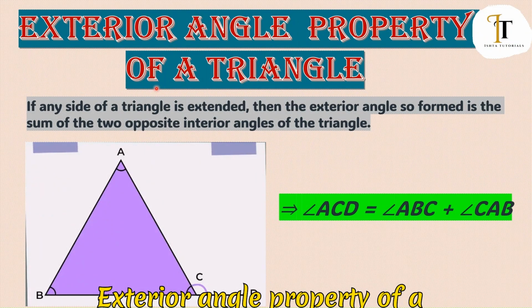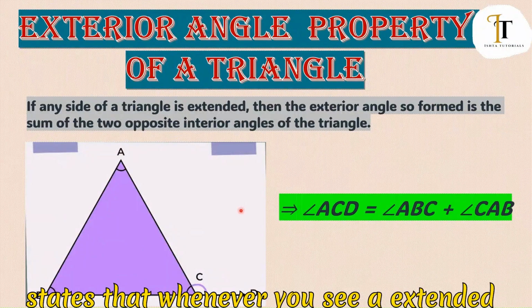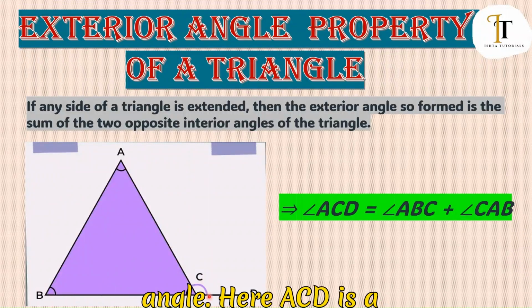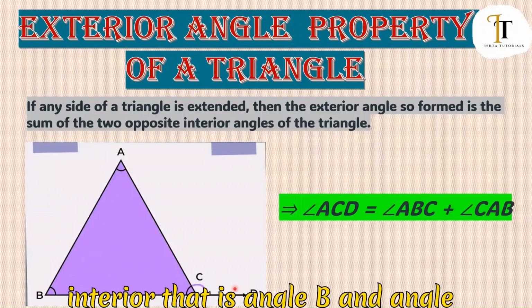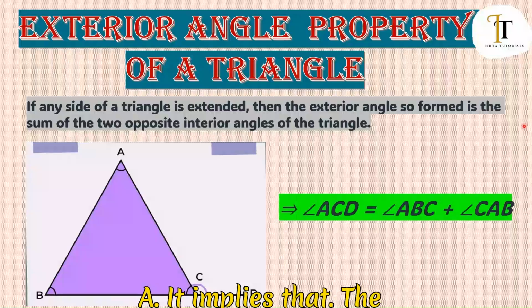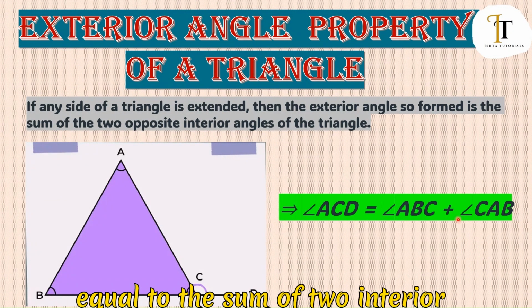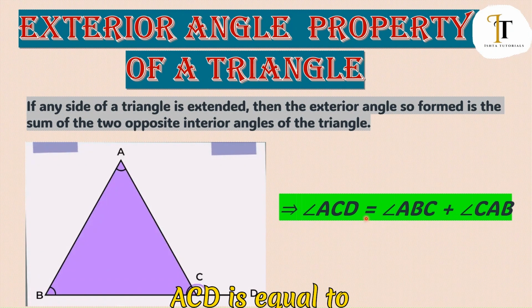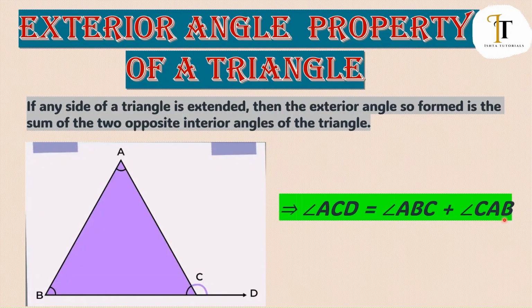Exterior angle property of a triangle. Now this property states that whenever you see an extended line, it will make one exterior angle. Here ACD is the exterior angle, and now we have two interior angles, that is angle B and angle A. It implies that the exterior angle is always equal to the sum of two interior angles, means angle ACD is equal to angle ABC plus angle CAB.